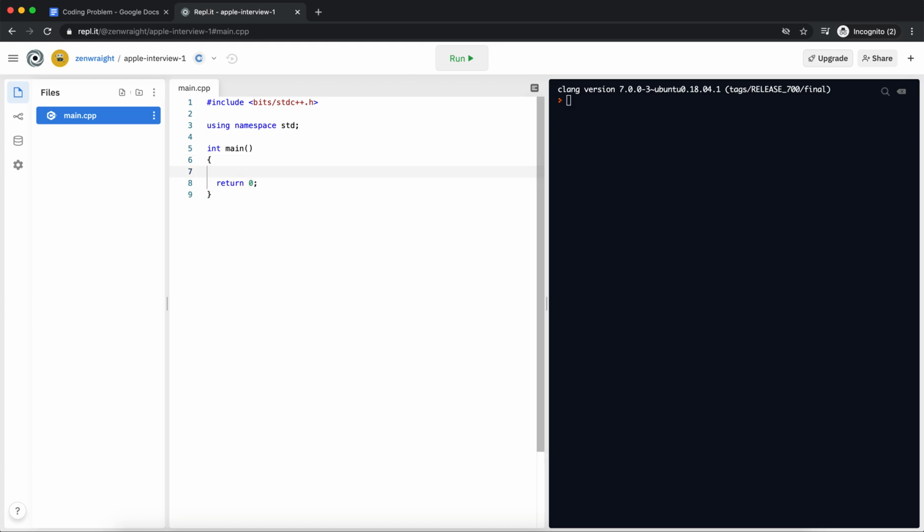So this is our main method. Now I'm gonna create a dummy array for n equal to 6, right? So I'm gonna take n equal to 6 and I need to create a dummy matrix because that's our input, but we don't have that input here.